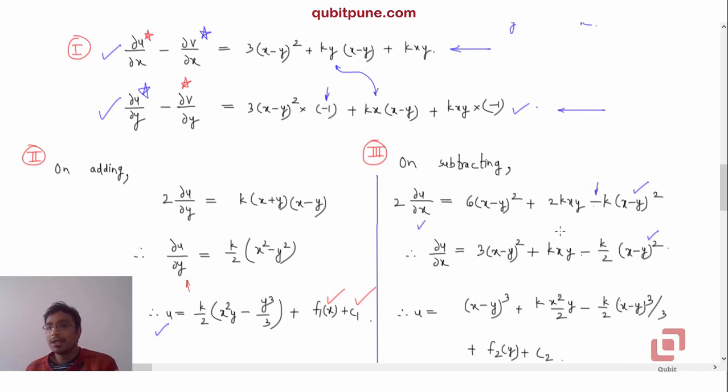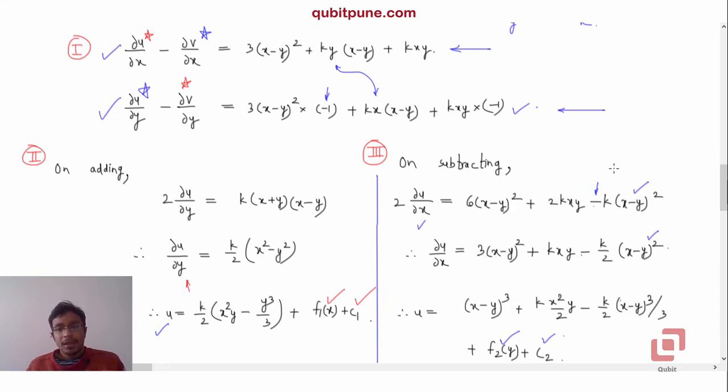Now we'll integrate this with respect to x. So u will be equal to x minus y bracket cubed upon 3 plus k into x squared by 2 into y minus k by 2 into x minus y bracket cube divided by 3 plus some possible arbitrary function of y, let's call it f2, plus the arbitrary constant c2.